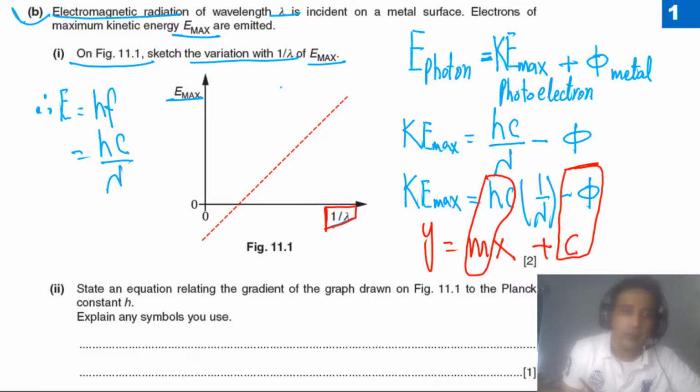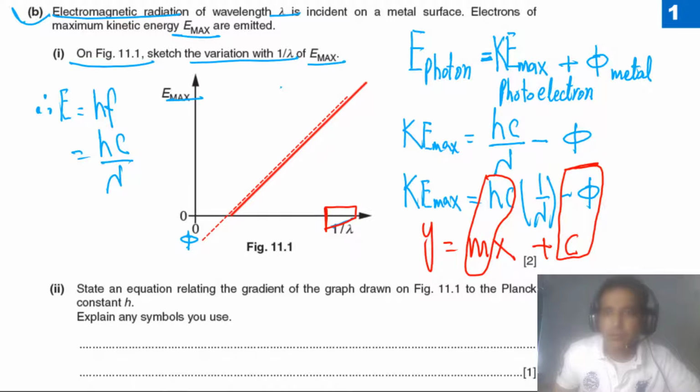So this is the value of work function. So this is how you need to sketch for the answer of this question.